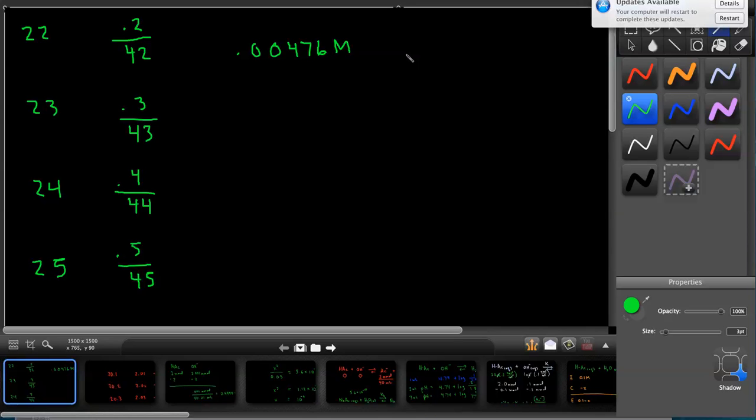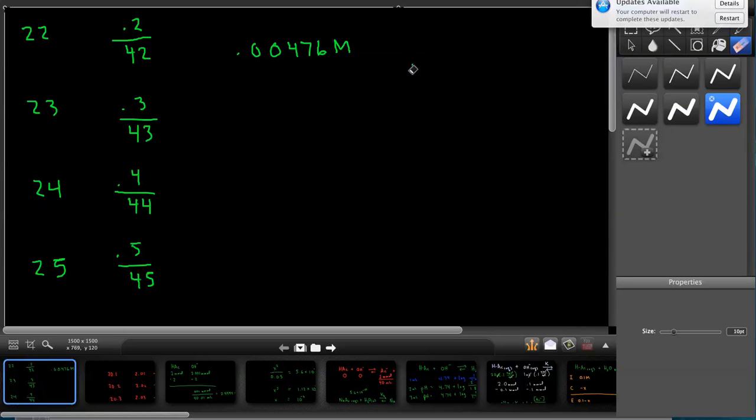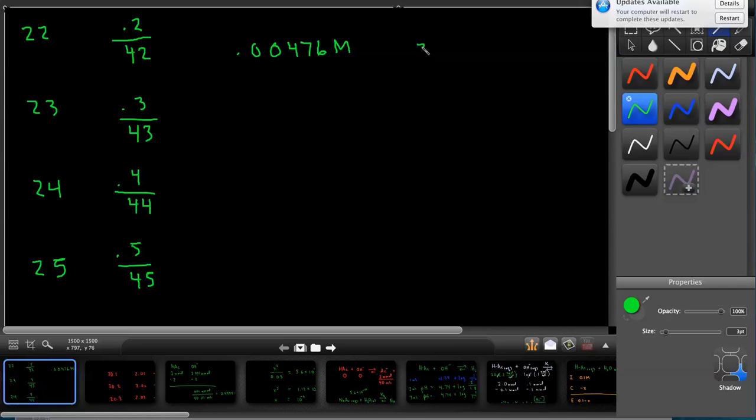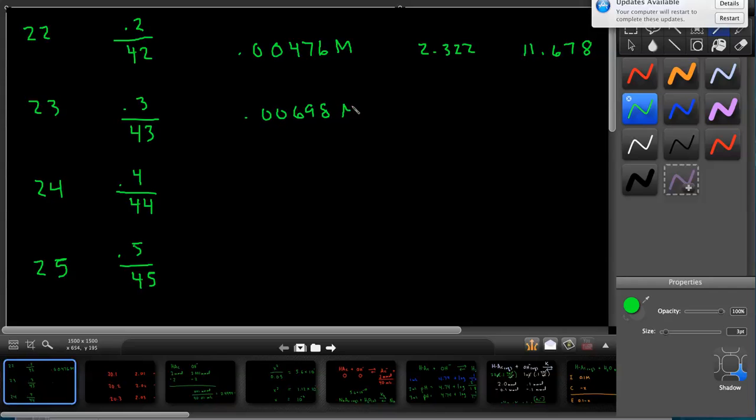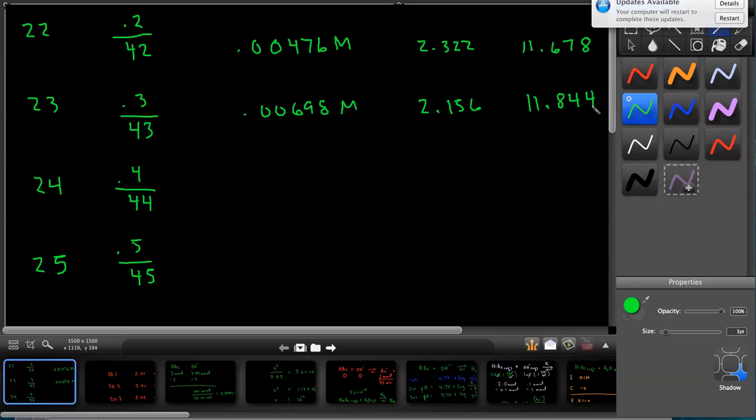That's a pOH of 2.322, which will be a pH of 11.678. 0.3 divided by 43 gives 0.00698 molar. pOH of 2.156, pH of 11.844.